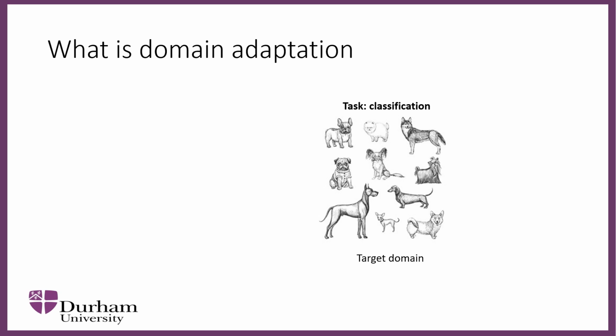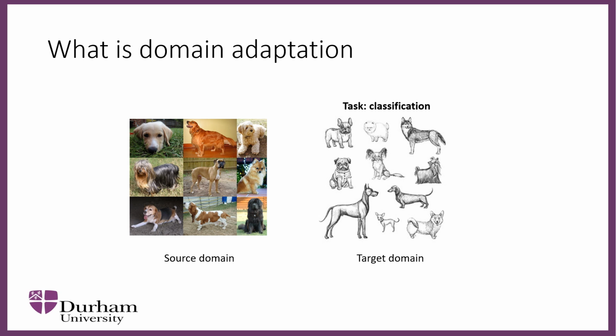To solve this problem, we can utilize the label data in a different domain, such as natural image domain, which is the source domain. The source domain and target domain share the same set of classes, but also have a data distribution shift.